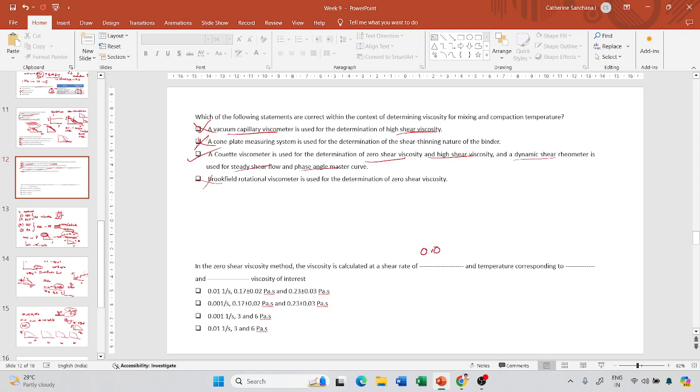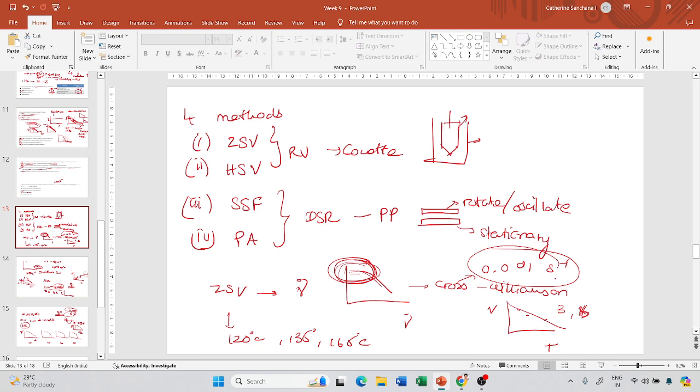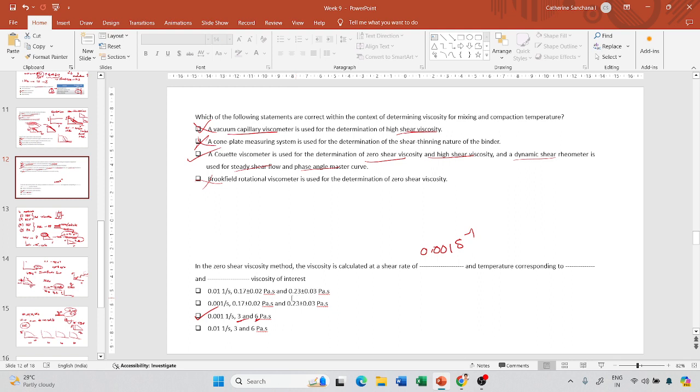So again we saw, we find out the viscosity corresponding to a shear rate of 0.001 second inverse after fitting the Cross-Williamson model, and the mixing and compaction temperature is that corresponding to a viscosity of 3 and 6 Pascal second, right? So we saw 3 and 6 Pascal second, and for the other methods it is 0.17 and 0.23, or 0.17 and 0.35.